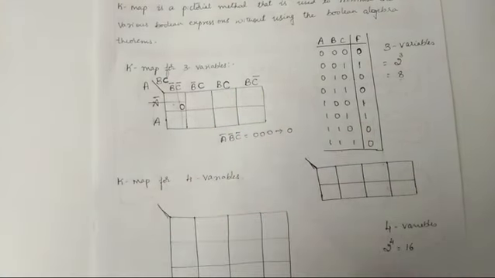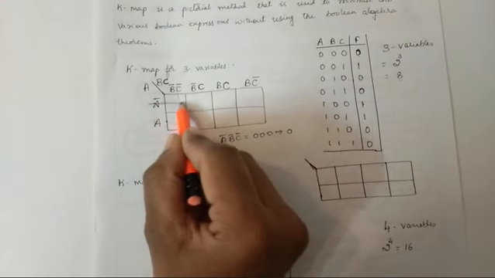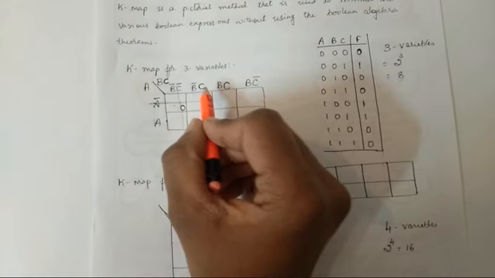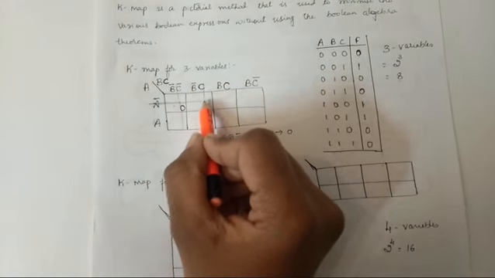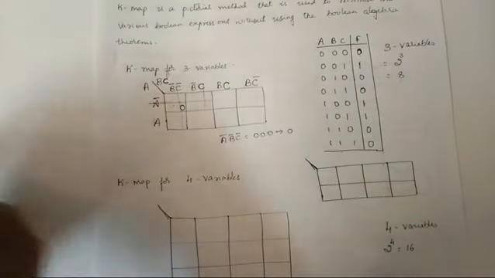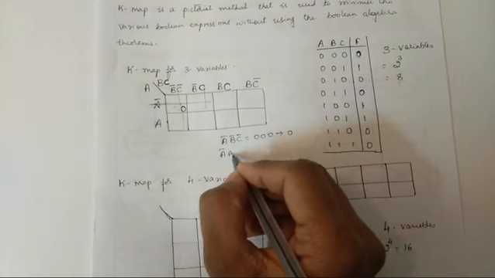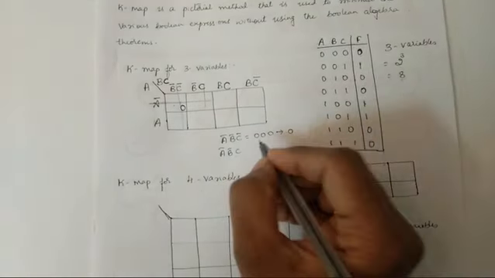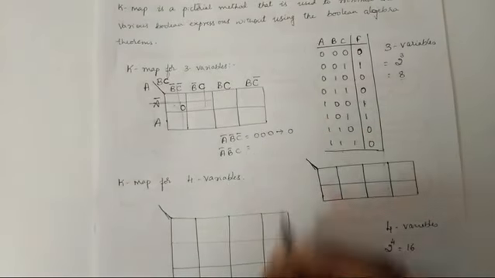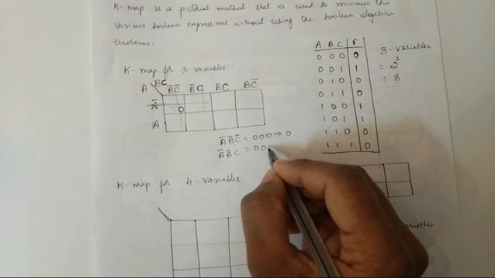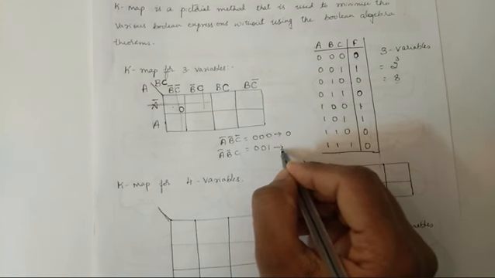cell, see here, let me continue this line. So A bar, next B bar C. So it is A bar, B bar C, which is equal to A bar is 0, B bar is 0, C is 1. 0, 0, 1.